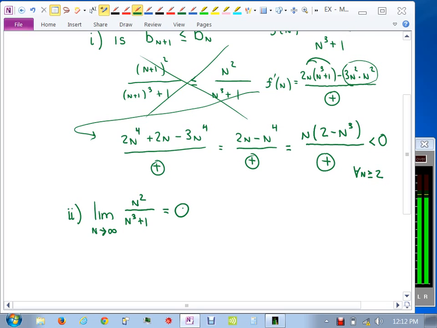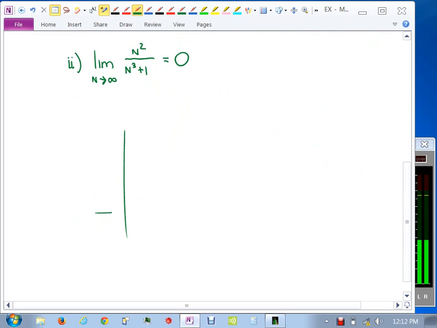Because if you looked at it, our sequence is doing something, right? We looked at our sequence as a function instead of a sequence of dots. And we showed that after you get past 1, that anywhere past 1, that's a bad picture. Anywhere past 1, if you take the derivative, the slope of the tangent line is negative, which means it slopes down, which means that it's going down.